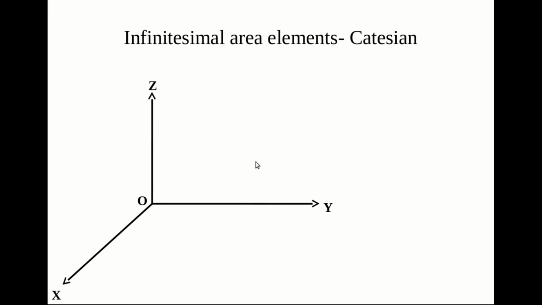In Cartesian coordinates, we have seen that the area element in z direction will lie on the xy plane. dAz can be got by multiplying the infinitesimal displacement elements in x direction and y direction, that is dx and dy, and the direction of this area element will be perpendicular to it, which is in z direction in this case.